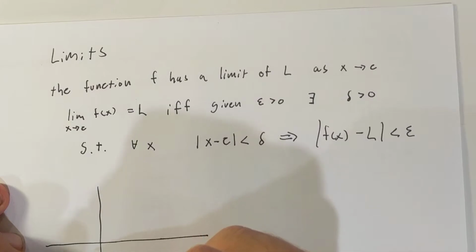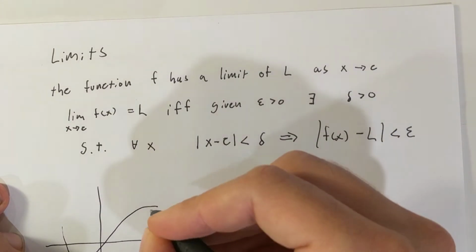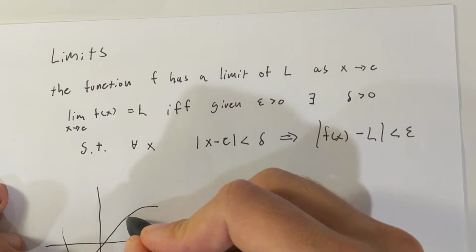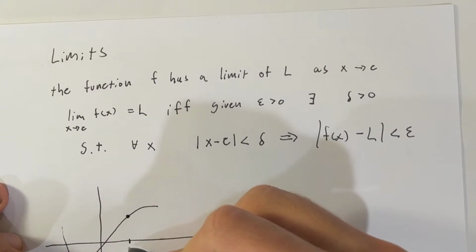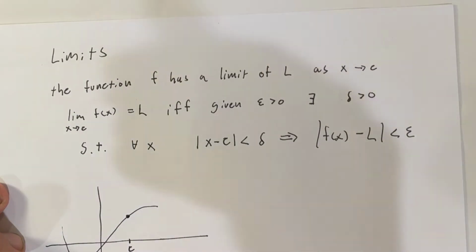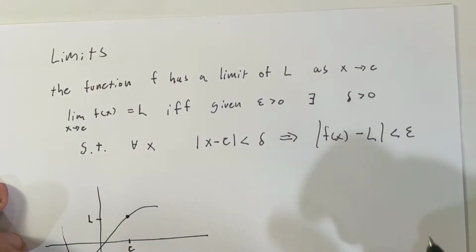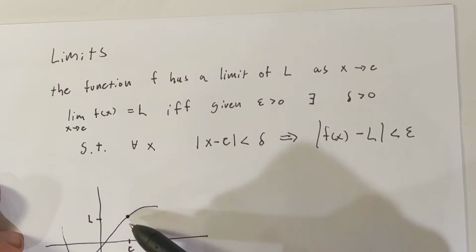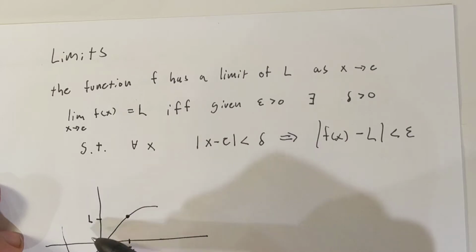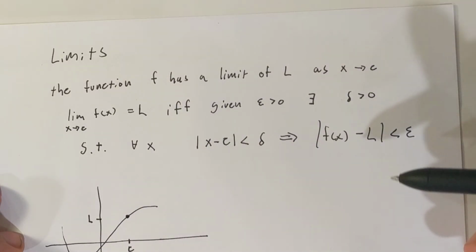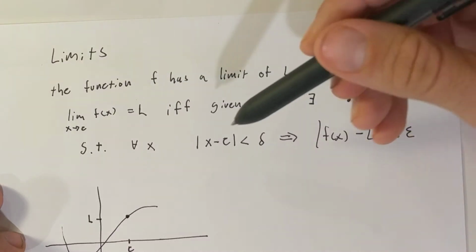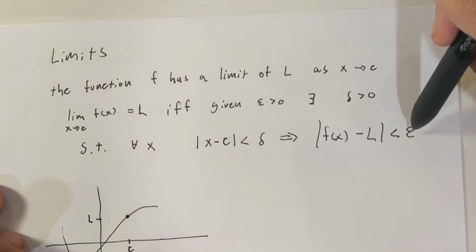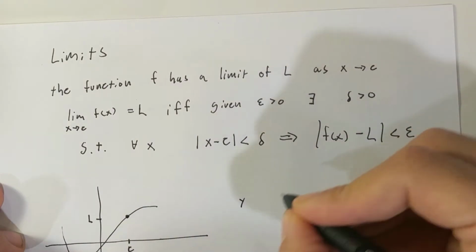Let's say here's this function, and right here, that's c, and we're saying that's L. So as our x approaches c, our function approaches L. That means the limit of our function as x approaches c is L, right? That's what we're saying.